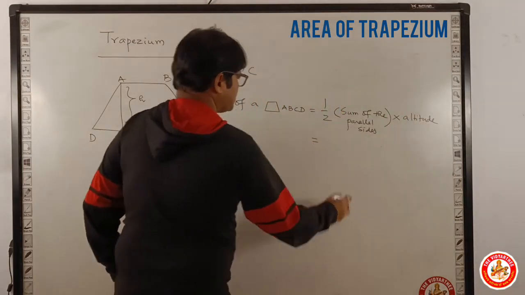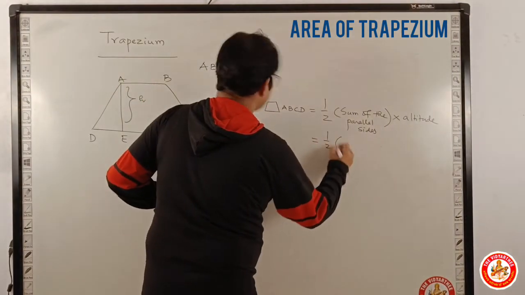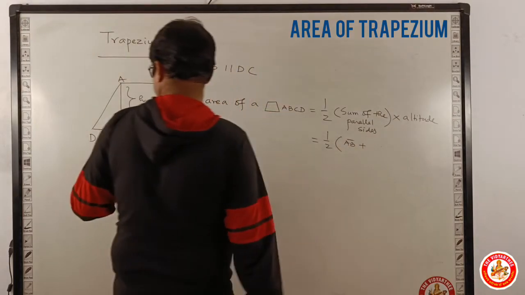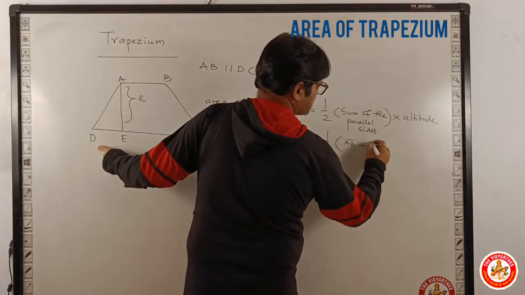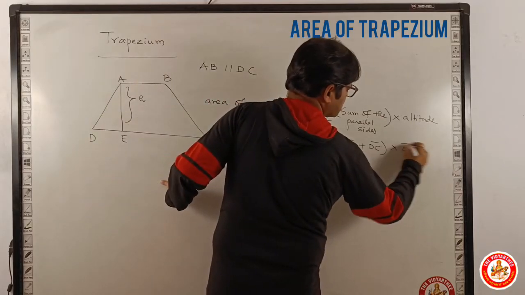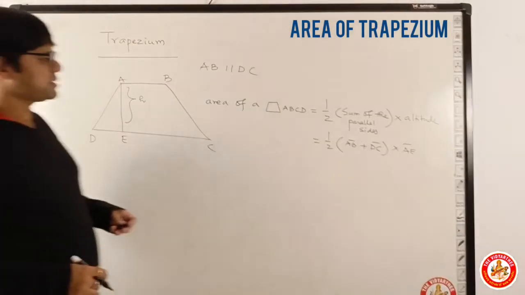Now, if I take the parallel sides here, it will be half into AB plus DC multiplied by AE. Right? So this is how area of trapezium is calculated.